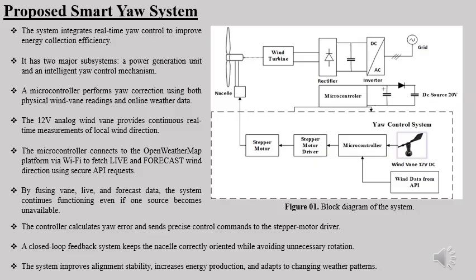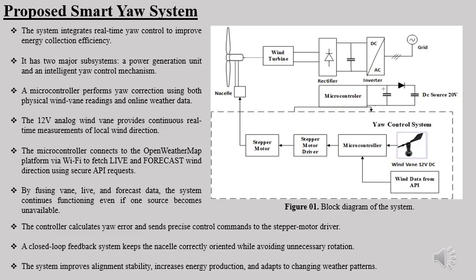A microcontroller handles the yaw correction by using both the physical wind vane data and online wind information. The 12-volt analog wind vane provides continuous real-time measurement of local wind direction, while the microcontroller connects to the OpenWeatherMap platform through Wi-Fi to retrieve live and forecast wind direction using secure API requests.